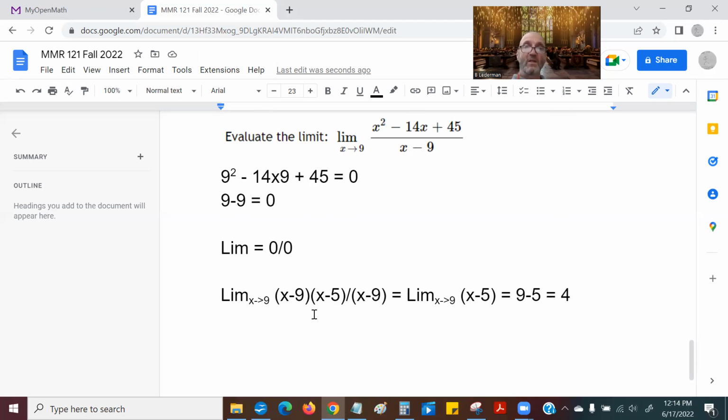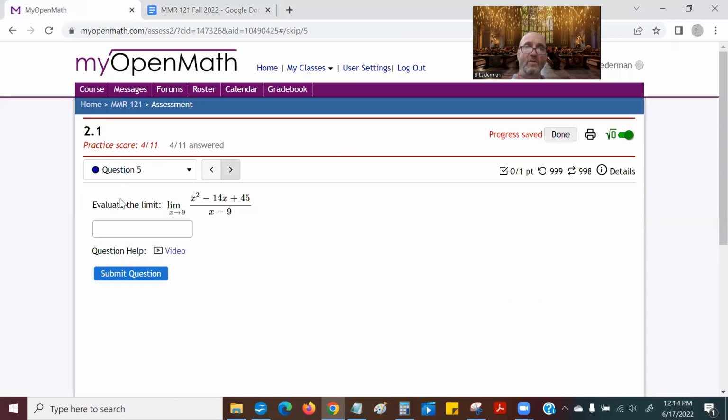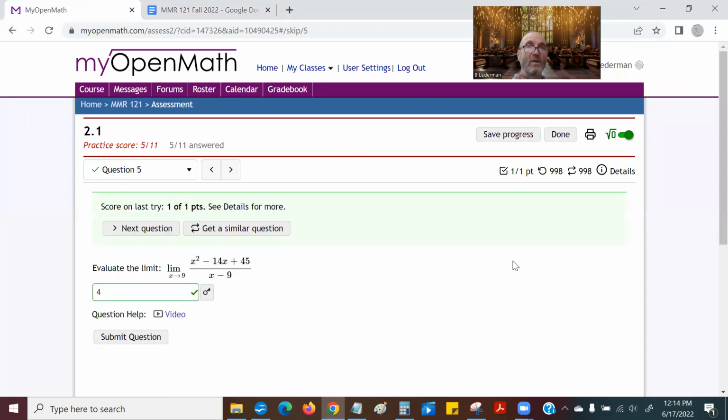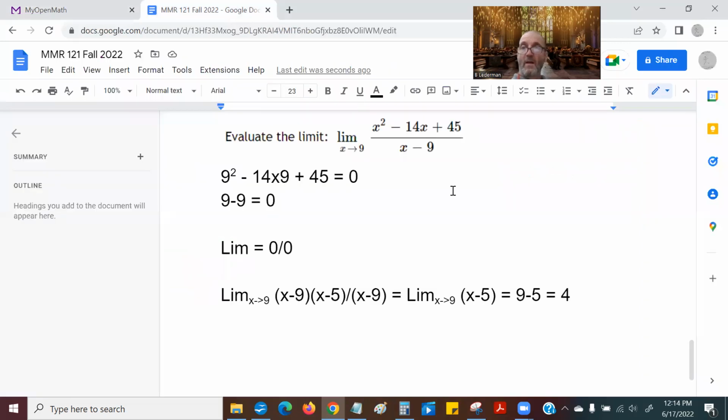But because I was able to find a common factor and cancel it out, I was able to just plug in x equals 9 to the limit, even though x equals 9 is not part of the domain of the function, because it makes the function undefined. I can still plug it into the limit to find the limit, and I get 9 minus 5, which is 4. So let's type that in, and so it's all beautiful.